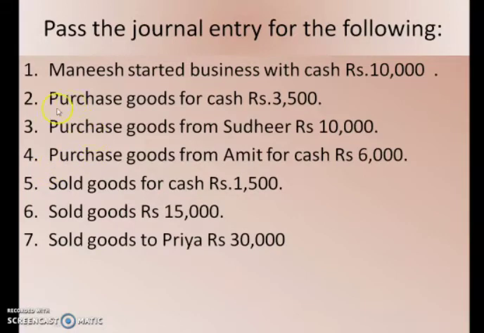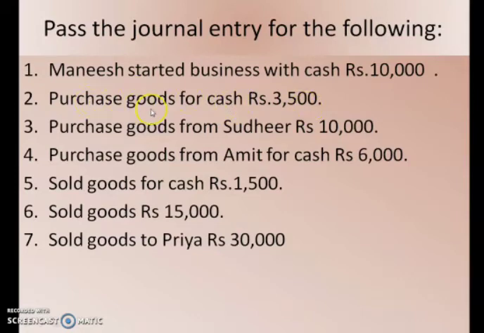Now children, look at the second transaction. Here the second transaction is purchase goods for cash rupees 3,500. So what do you mean by this transaction? You have, for doing the business, purchased some goods and you have spent rupees 3,500 for this.